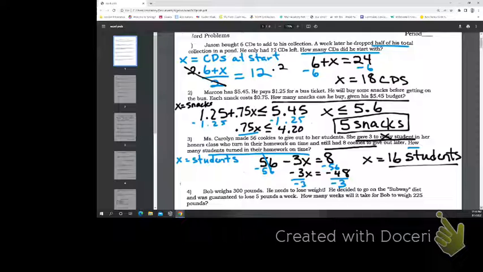So if you see something that says define a variable as one of the steps, it does not mean tell me the definition of the word variable. Sometimes people call it a let statement. It's just where you're telling what you're letting the variable represent. But if I've written this, it typically helps me know what my label is going to be also.